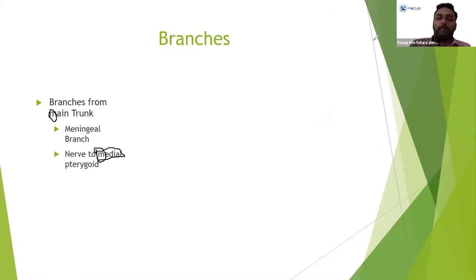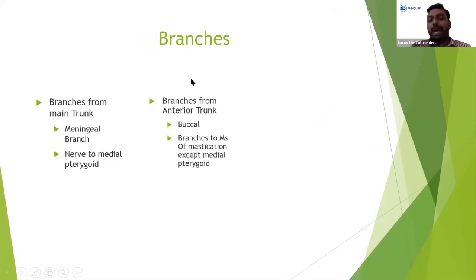And next are the branches which are from the anterior trunk. So you have the buccal branch. Can you say whether this buccal is sensory or motor? Yes, others, please tell fast. It is sensory. Why is the confusion? It is sensory.